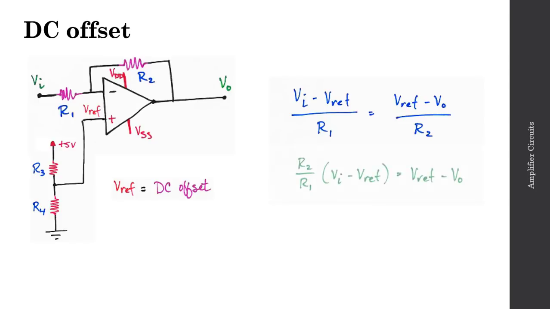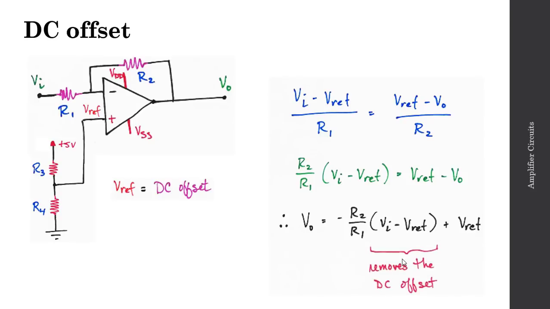If I multiply both sides by R1 and R2 and then simplify a bit, I'll find that my output voltage is described as minus R2 over R1, so the ratio of this feedback resistor over this input resistor R1, times the quantity VI minus VREF, all of that plus VREF. So it's this VI minus VREF term that's removing the DC offset.